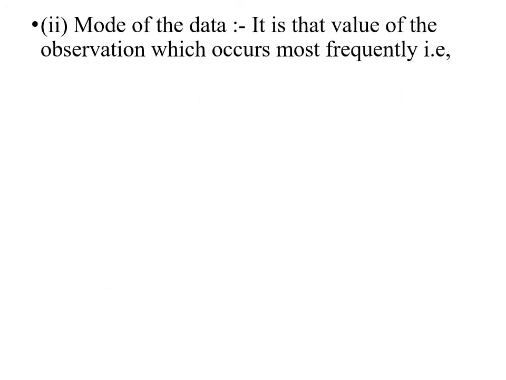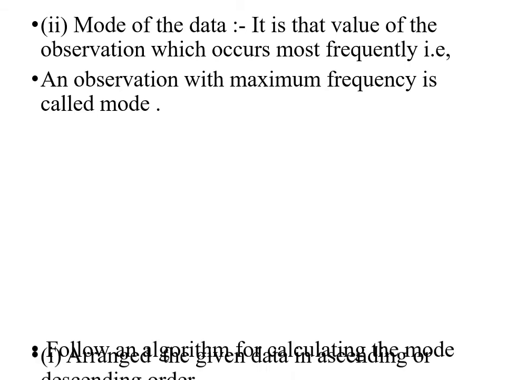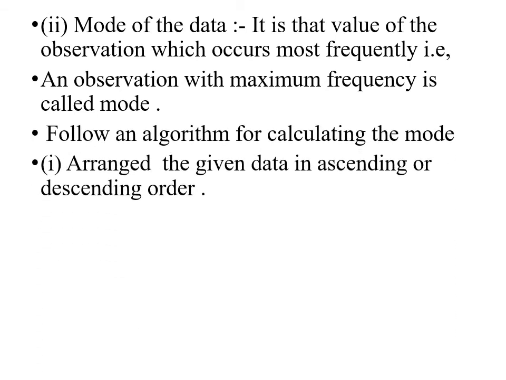Now mode of the data. It is that value of observation which occurs most frequently. An observation with maximum frequency is also called the mode. Follow an algorithm for calculating the mode.